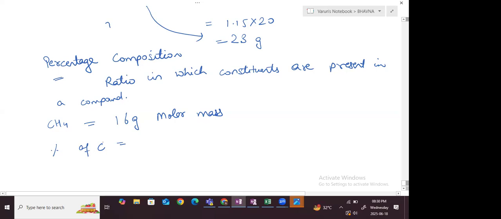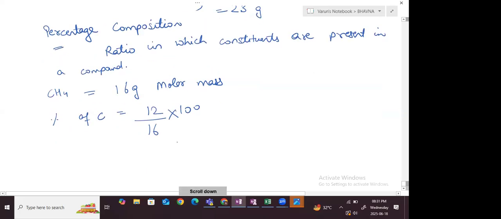In the same way, if I have to check the percentage of carbon, the mass of carbon is 12 and total mass is 16. So the percentage of carbon will be 12 divided by 16 multiplied by 100. In the same way, for hydrogen, as there are 4 hydrogens, the mass of hydrogen will be 4 divided by 16 multiplied by 100.